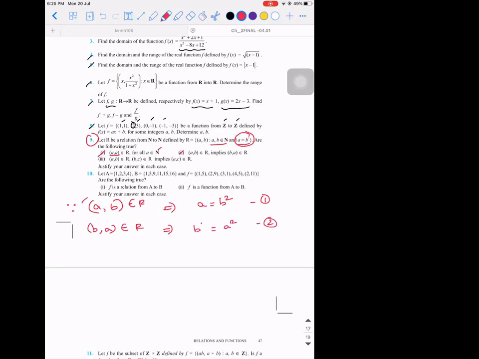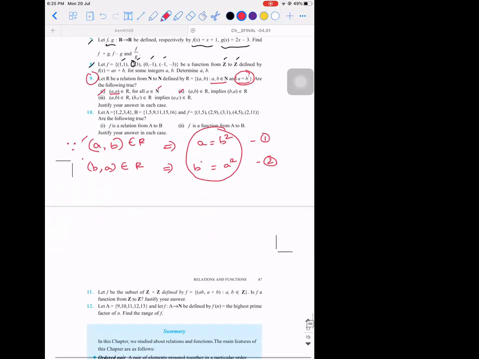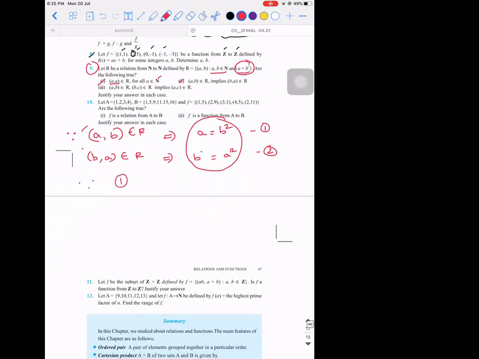If (A, B) belongs to R and (B, A) belongs to R, then these two should be the same. A is equal to B square and B is equal to A square. Is it possible? No, sir. Right. Since 1 is not equal to 2, (B, A) does not belong to R. Is it clear?